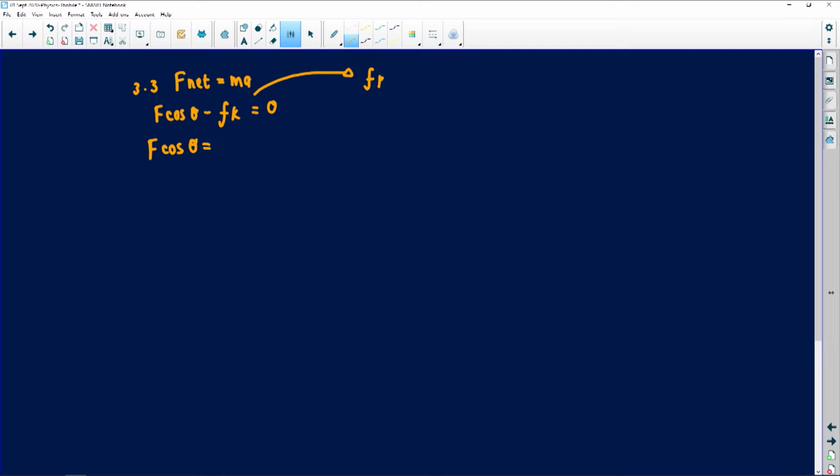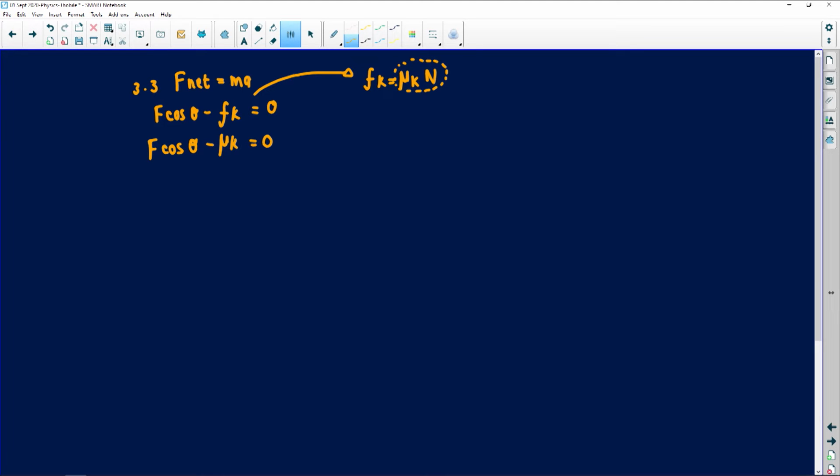Remember, if you're looking for fk, the formula is the coefficient of kinetic friction, and then we have N. So I'm just going to take this part and substitute it here because it is exactly the same thing. If you do want, you can work it out on the side, or you can just bring it in together. I'm just going to do everything in one equation, which gives you 0.